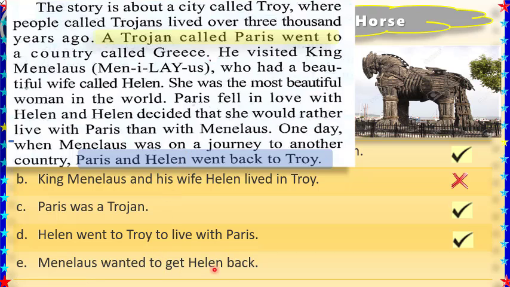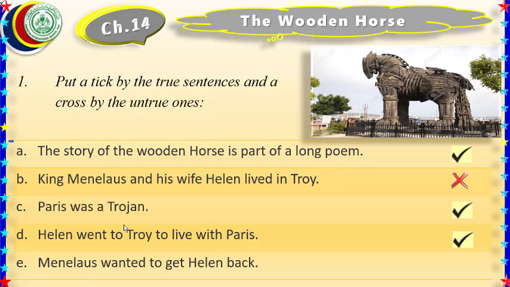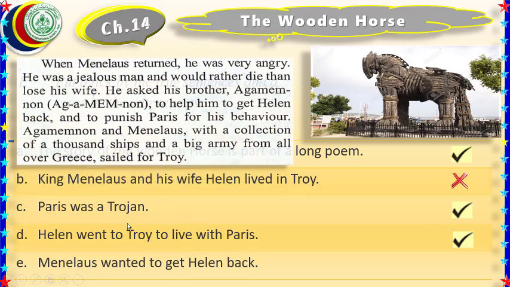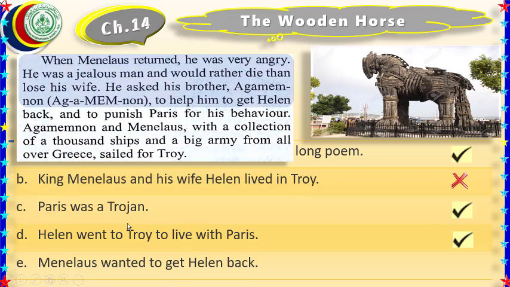Menelaus wanted to get Helen back. Let us try to find out. Here we can see when Menelaus returned, he was very angry. He was a jealous man and would rather die than lose his wife.